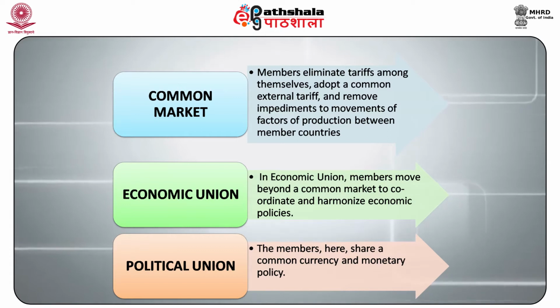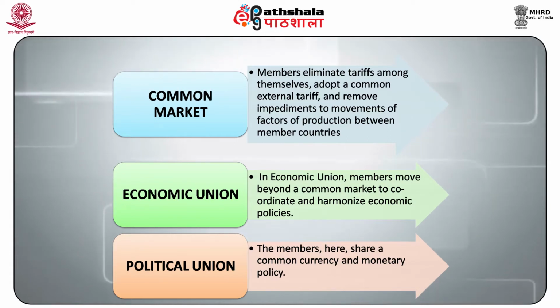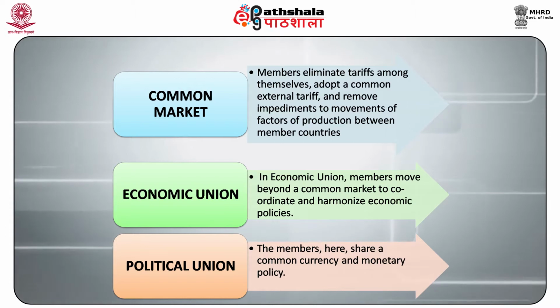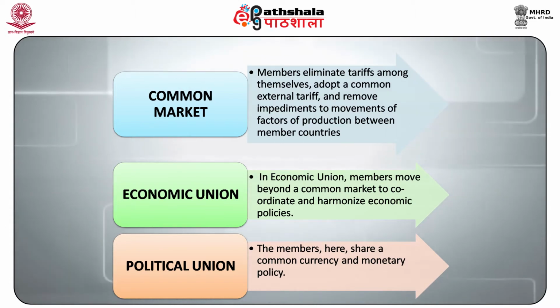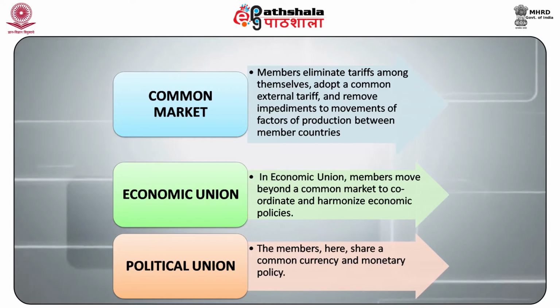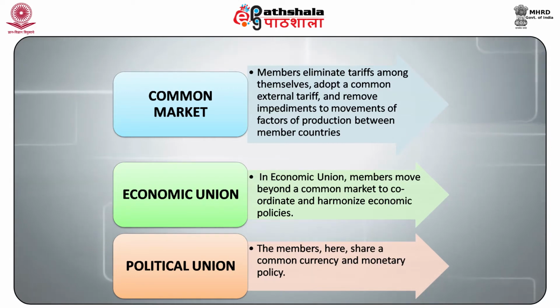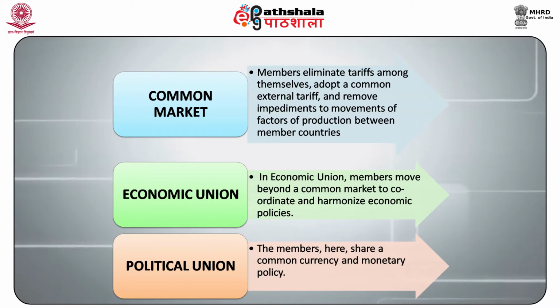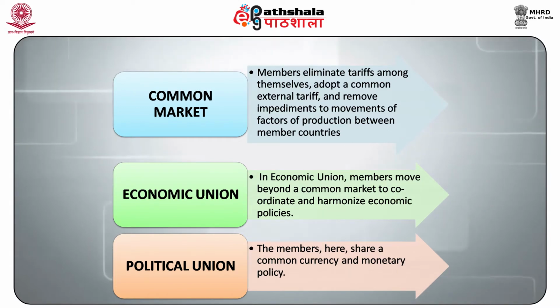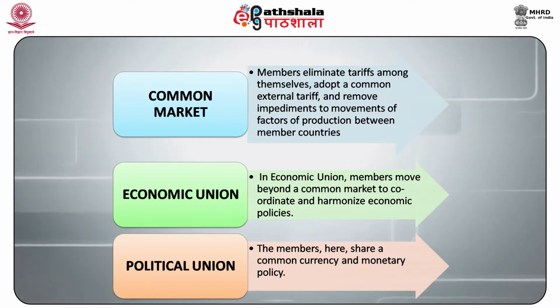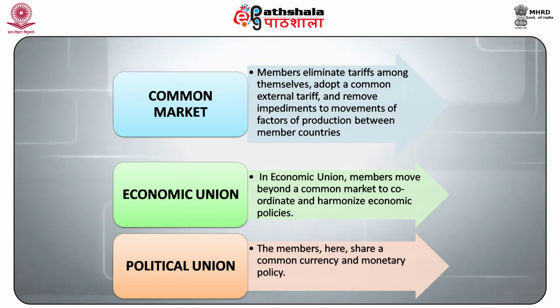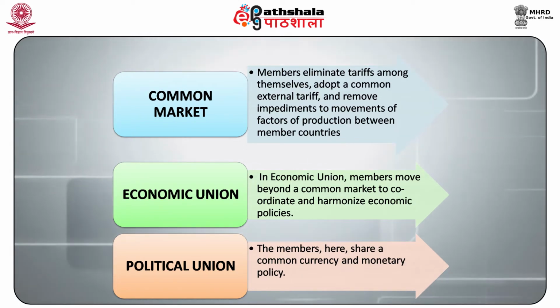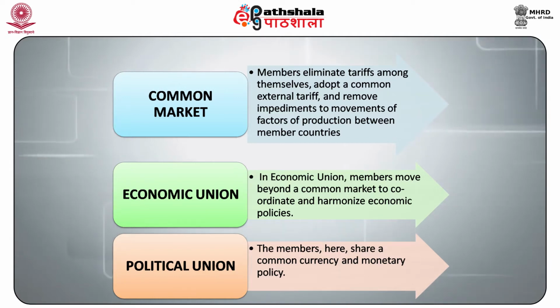Then finally, the highest stage of economic integration or regional economic cooperation would be the political union. Here the members share a common currency, a common monetary policy, and a political union is often seen as the ultimate stage of integration, and it involves the integration of the legislative as well as the judiciary processes. The Eurozone countries of the European Union and the CFA zone are such prime examples.